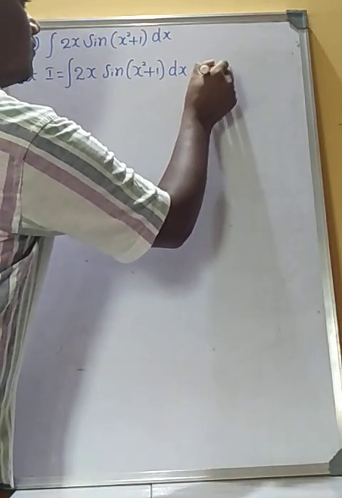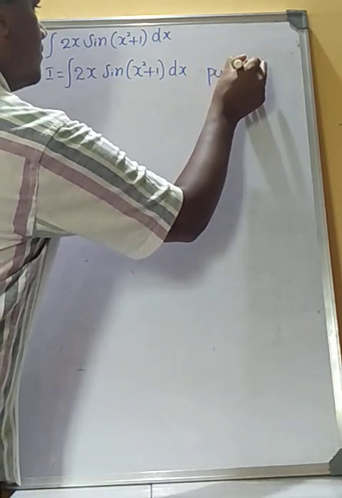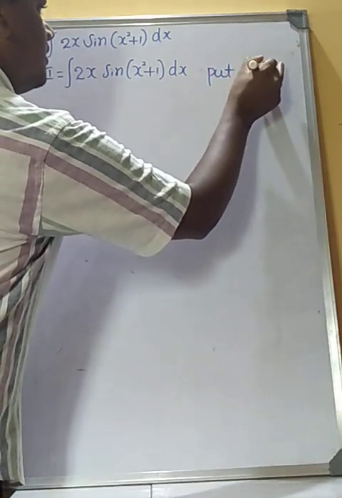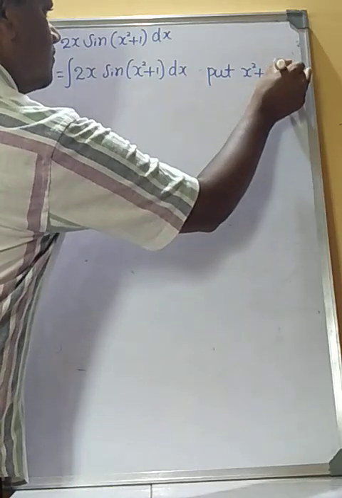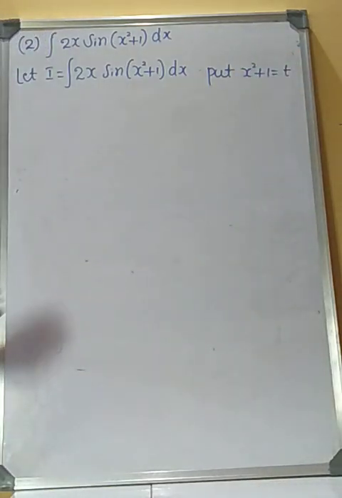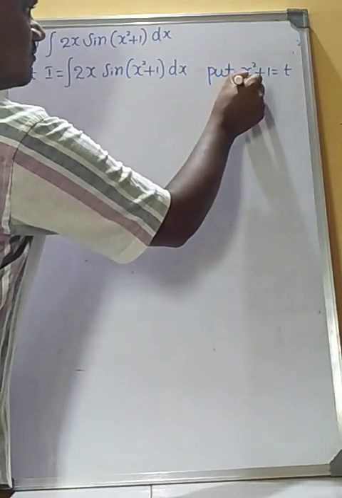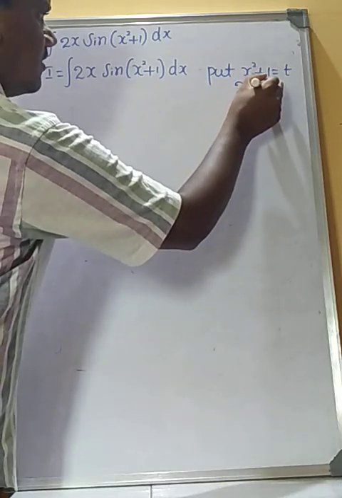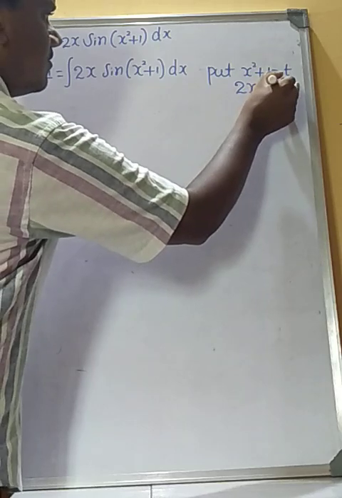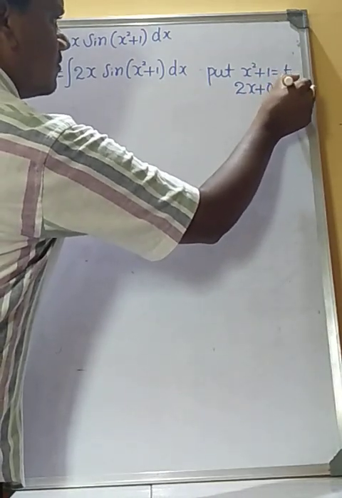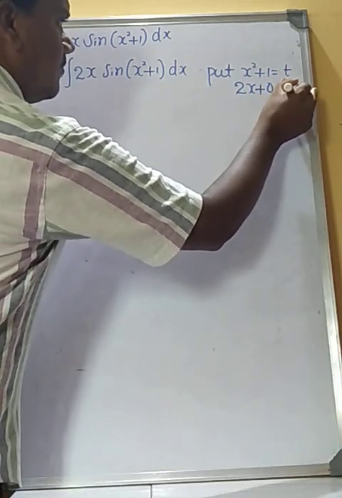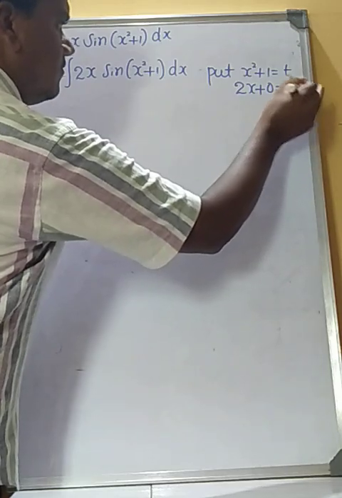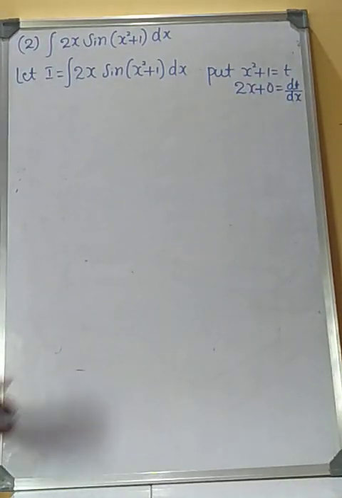So put x square plus 1 is equal to t. Differentiate with respect to x. d by dx of x square is 2x, plus the derivative of constant 1 is 0, equal to dt by dx.